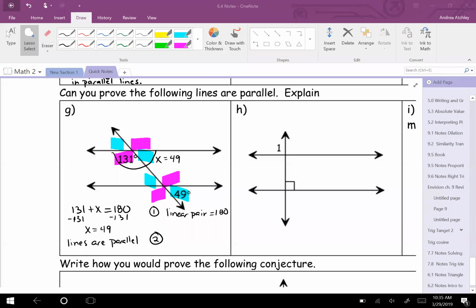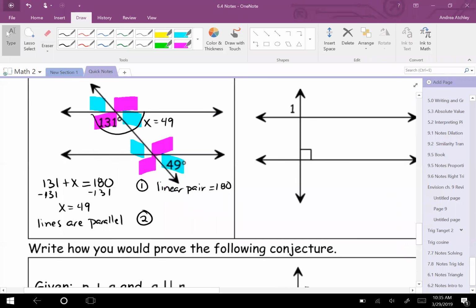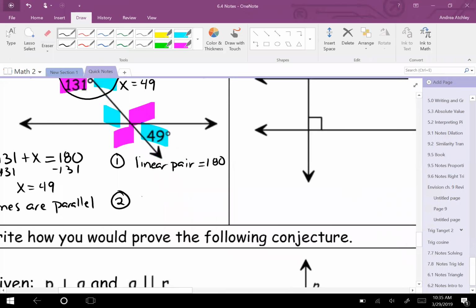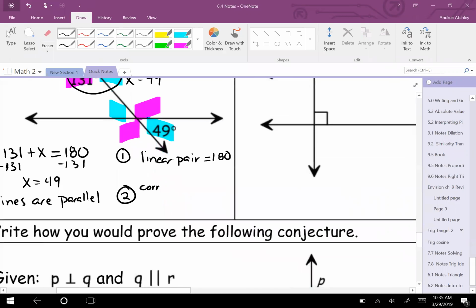So the reason is: if the corresponding angles are congruent, then the lines are parallel.